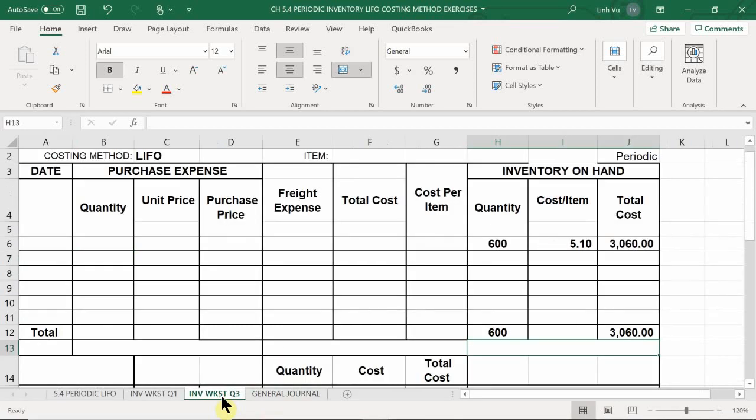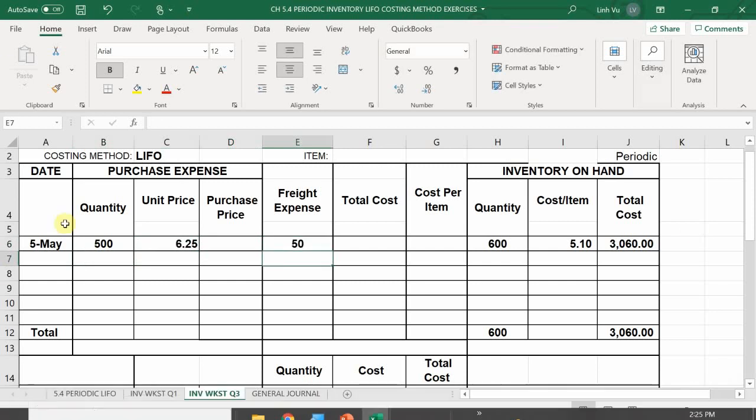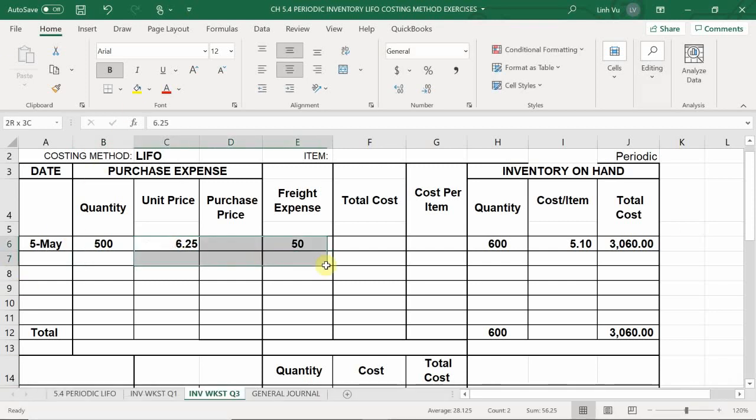So I guess we could go ahead and do that. Our first purchase was on May 5th. We purchased 500 units at $6.25 each with the freight of $50. So once again, what are my values going to be?